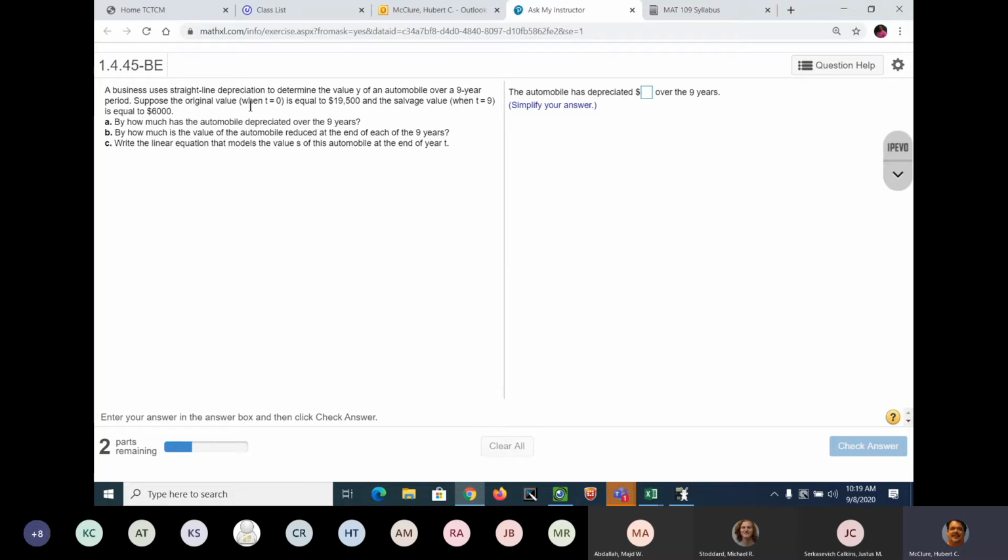Suppose that the original value, when t is equal to 0, is equal to 19,500. So there's your y-intercept right there. And the salvage value, t equals 9, is equal to $6,000.